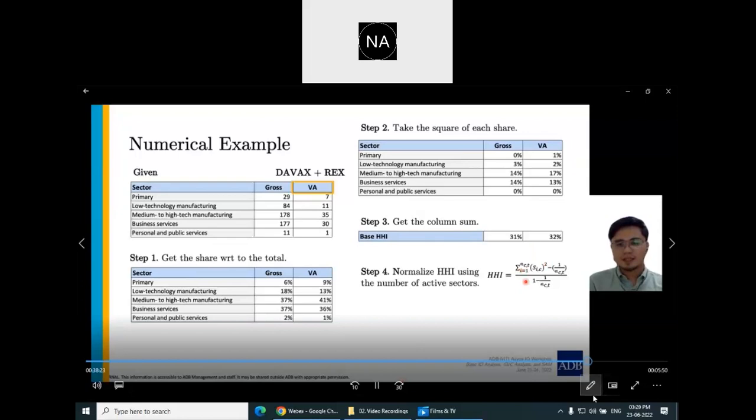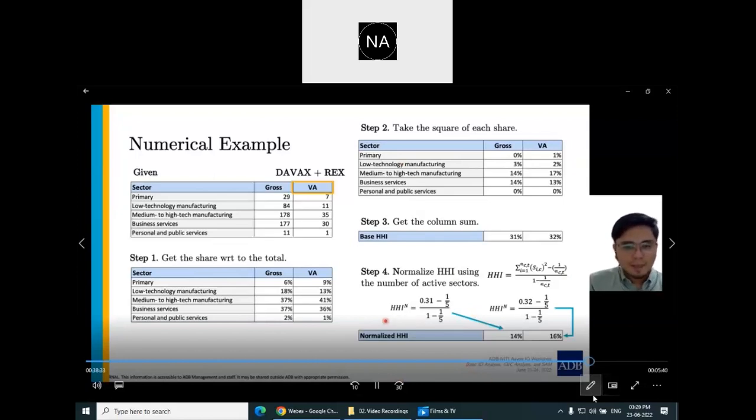And finally, we need to substitute the values following this equation, the normalized version of calculating for the HHI. Here, the number of active sectors is equal to 5. Therefore, we have this calculation for HHI based on gross exports. You have 0.31 minus 1 over 5 divided by 1 minus 1 over 5. That should give you 14%.